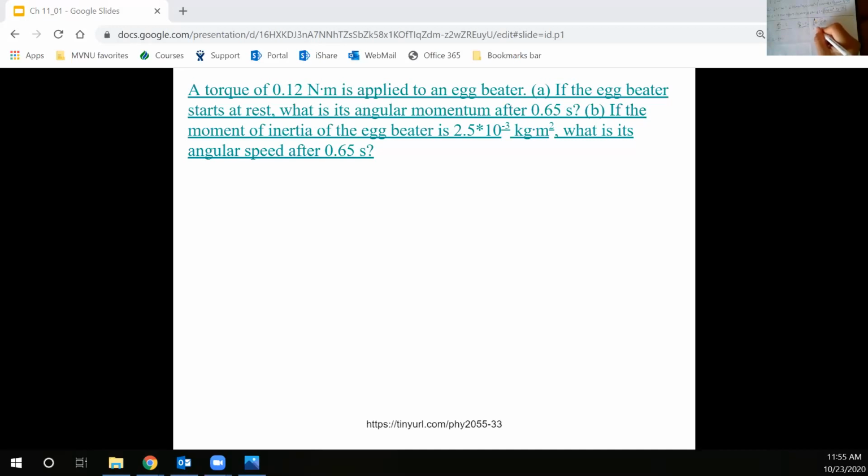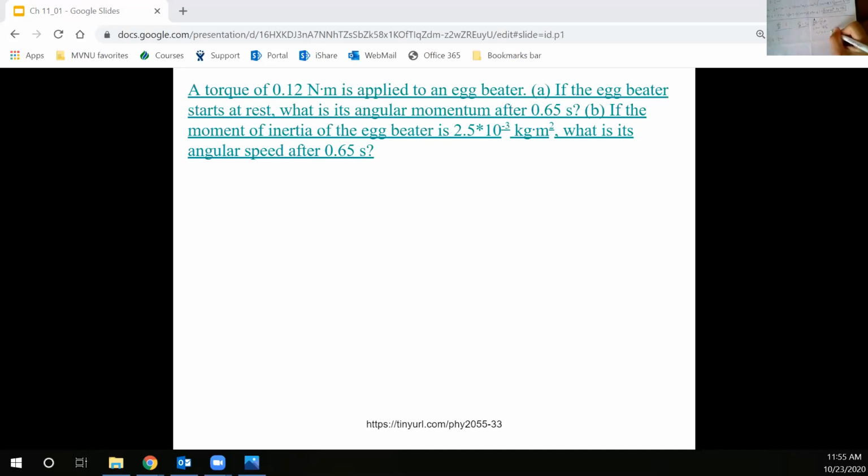So then L should be on this side minus 0, because it's just a constant there, so it will be L minus 0. That equals tau times t, since tau is constant, from 0 to the t that's given. So L will be tau times t.